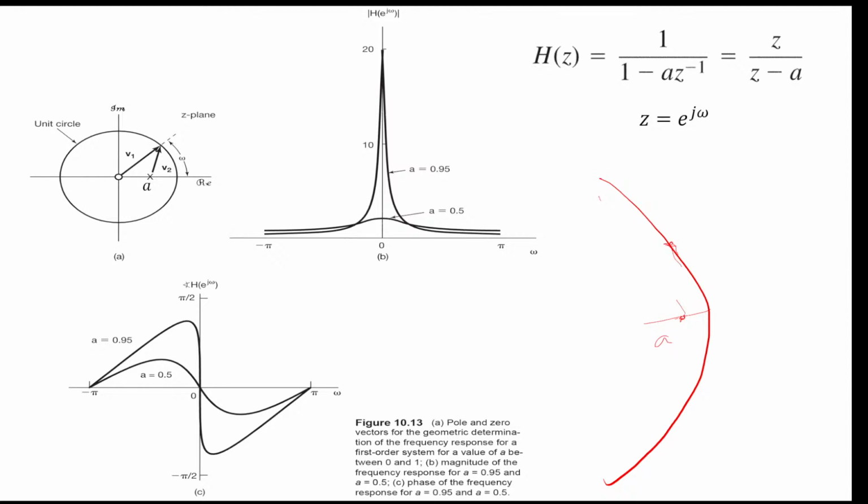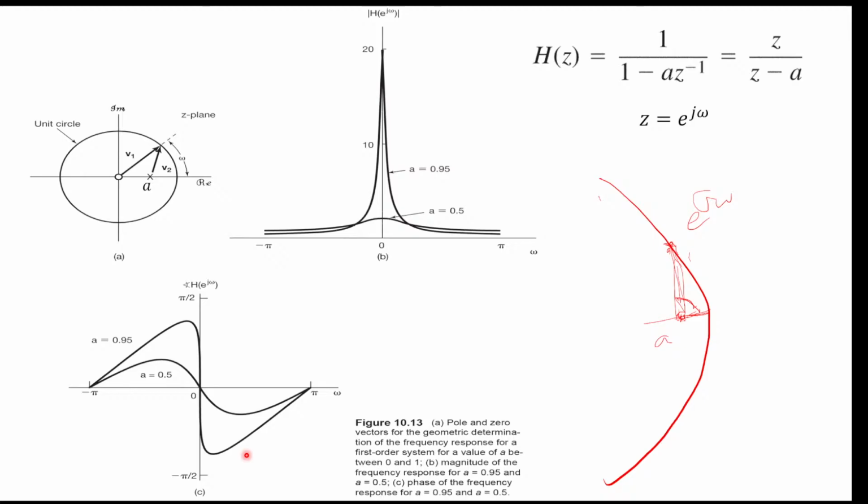So you just change it to some small omega. Then the angle from A to your e to the j omega point will be very large. And that's why when our A was 0.95, the angle changed a lot around the omega equal to 0 point. So that's a geometric analysis.